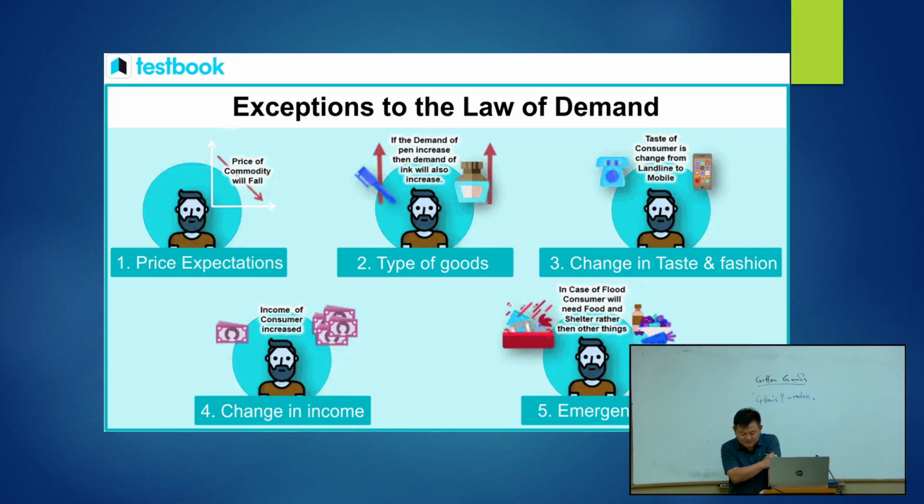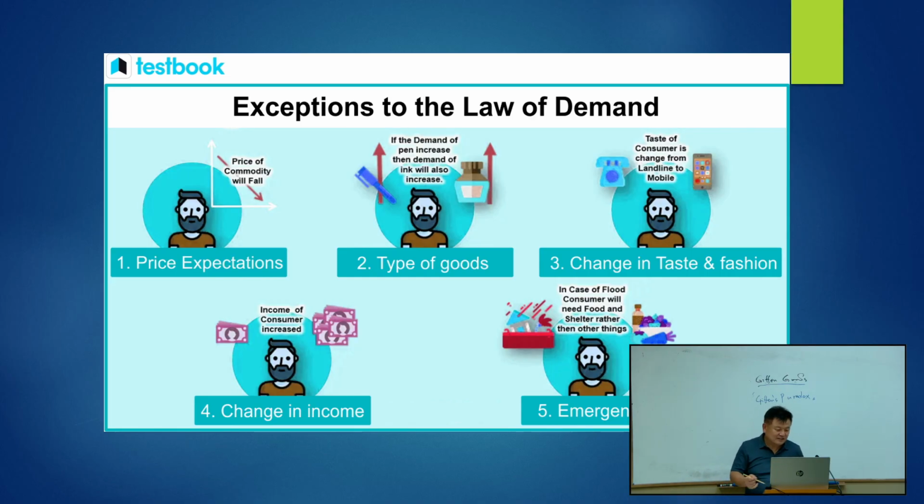This is fear of shortage. And ignorance. Consumers may buy more of the commodity at a higher price when they are ignorant of the prevailing price of the commodity in the market. I don't care whether it increases or not. It doesn't matter. I buy it. Ignorance.